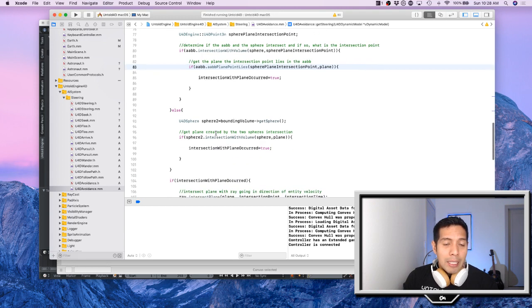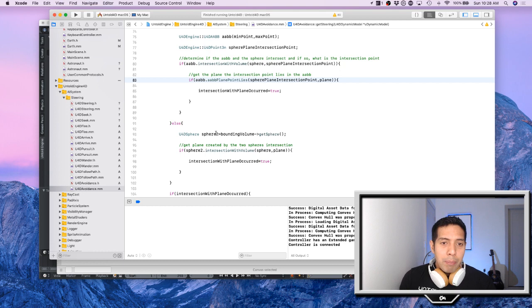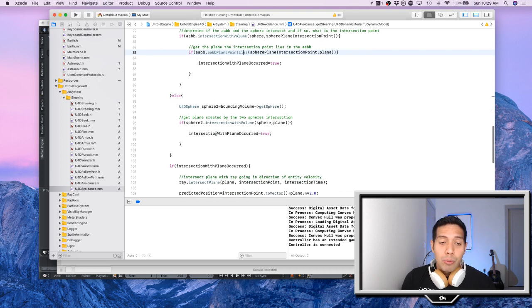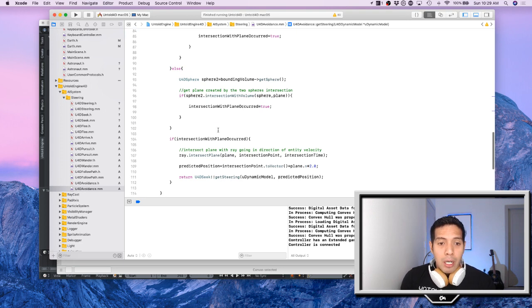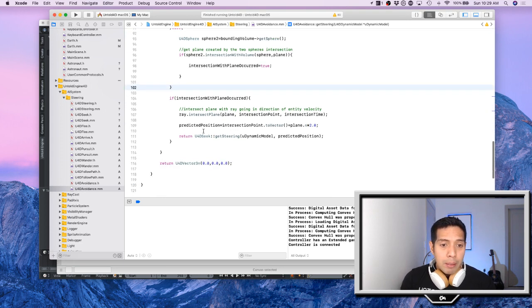And if the particular entity is not bounded by a cube, then I just do the normal sphere to sphere test that I mentioned before.